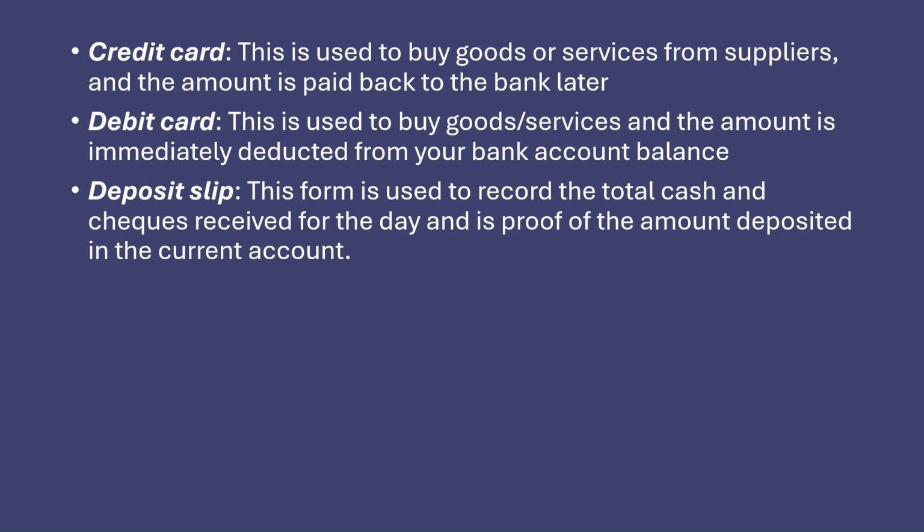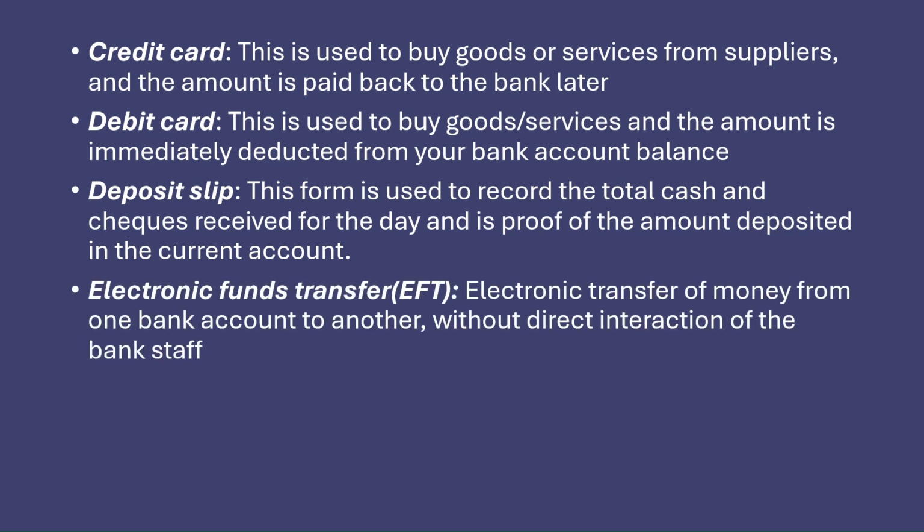So when they receive cash and checks, at the end of the day or at the end of the month, the business is going to go to the bank and say, okay, I have this cash and I want to deposit it into my bank account. When you deposit it, the bank is going to give you a deposit slip saying that, yes, we did take your cash and we are going to put it in your bank account. So that's what a deposit slip is.